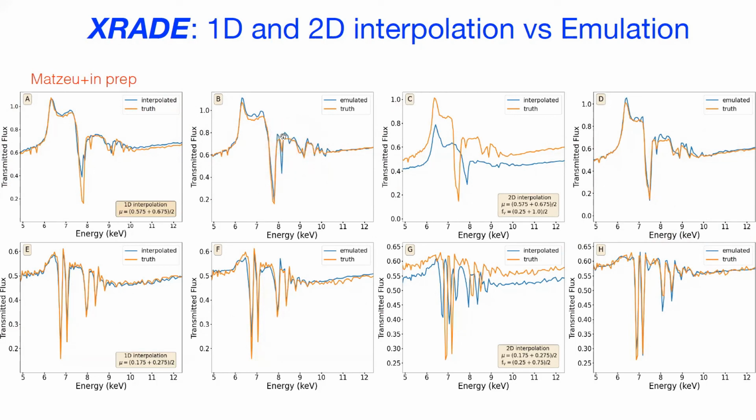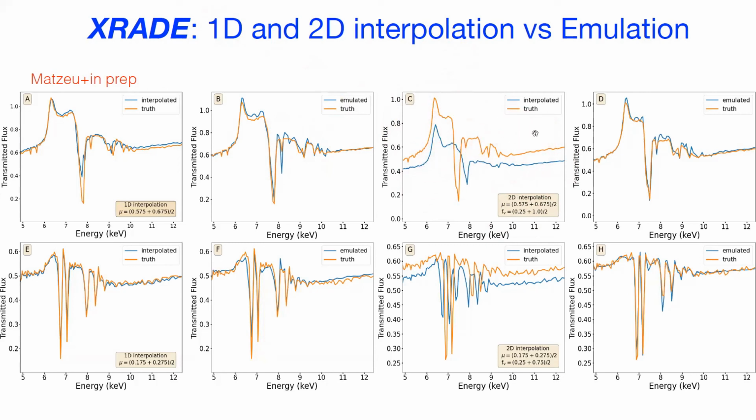But really, when you fit X-ray spectra, you always have more than one free parameter. When we start increasing the number of parameters that we interpolate, you see here that in the iron K band the interpolated spectrum doesn't match very well.